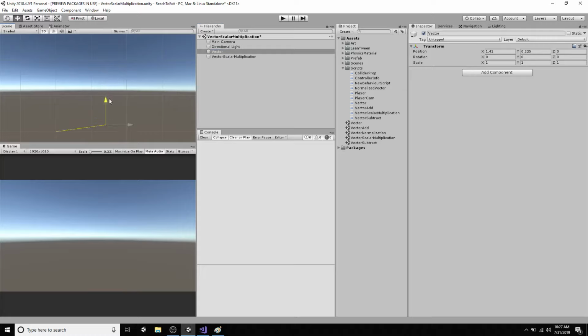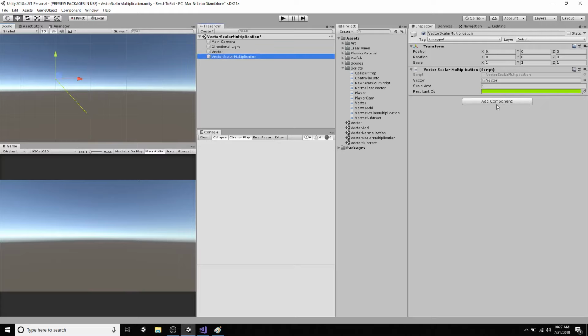So whenever I move this game object, its direction changes and its magnitude also changes. Now if I want to scale this vector a little bit higher in this direction, currently the scale amount is 1. Now if I increase the scale amount to 2, you see the vector is getting scaled in that direction.